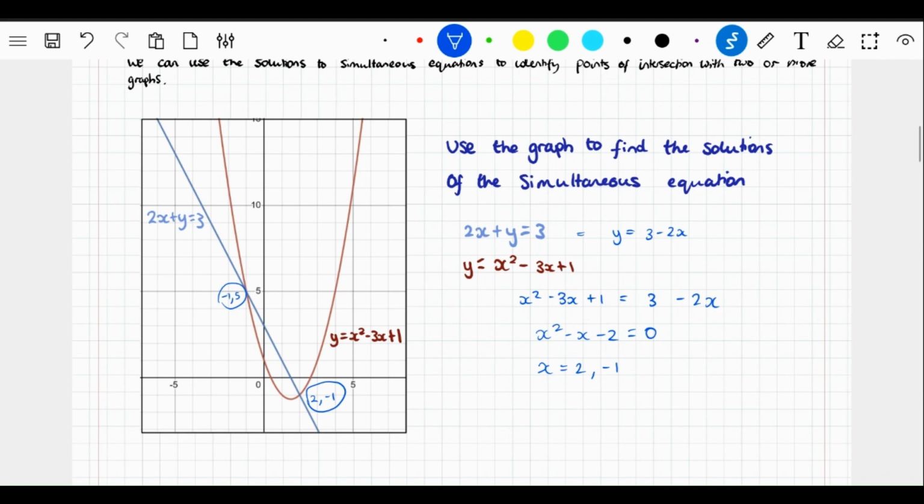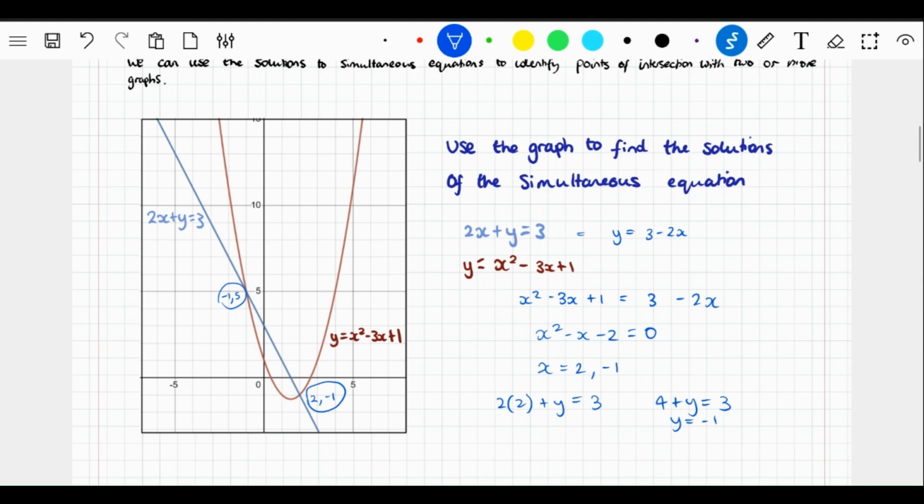Now, if we then sub this x into this top equation there, because it's the easier one, we'll say 2 brackets 2 plus y equals 3, which will then give us 4 plus y equals 3, and then that means that y equals minus 1.